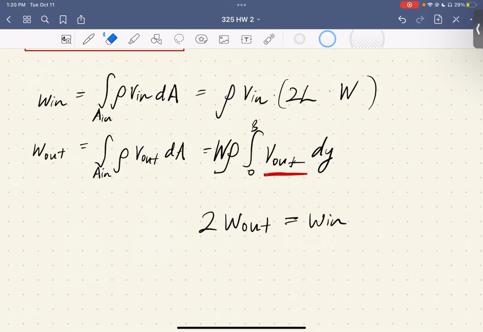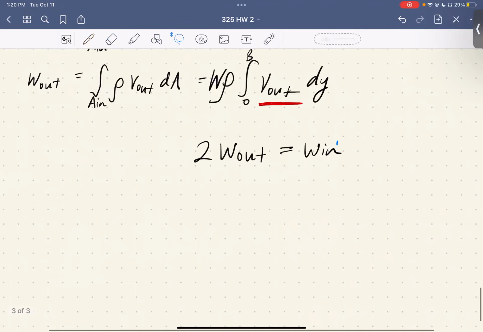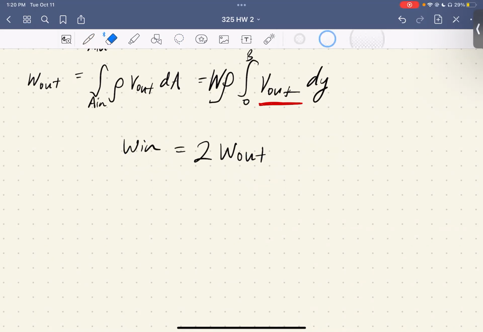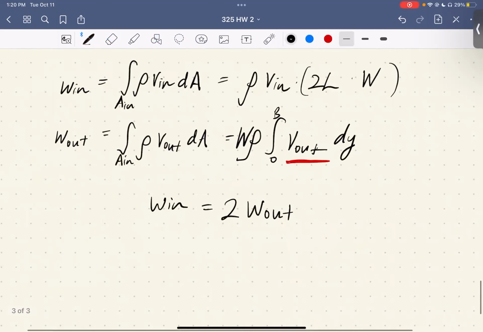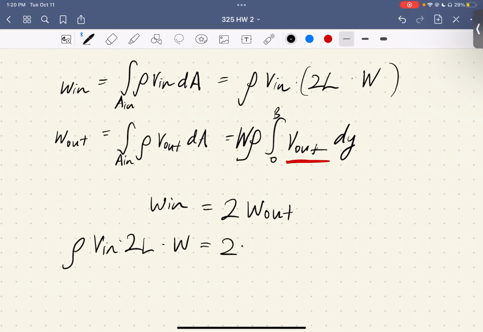What I'm actually going to do is move things around right over here. So we have w in. Great. So we're going to move this right here: rho, v in, 2L times width, and that's 2 times rho times width times this integral times dy.